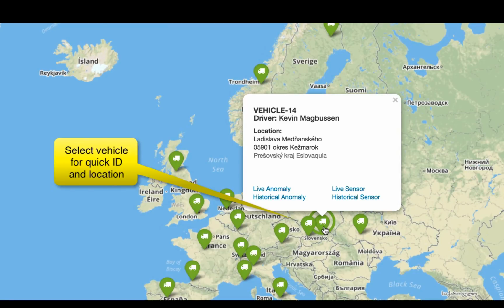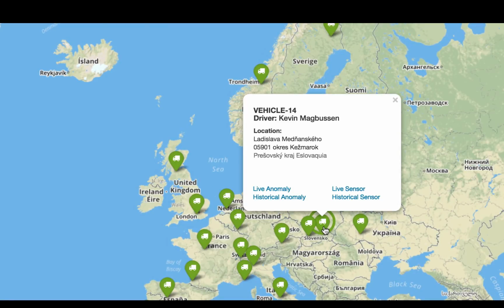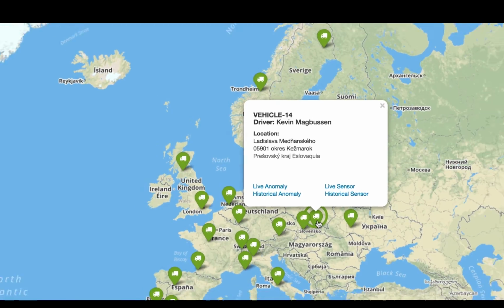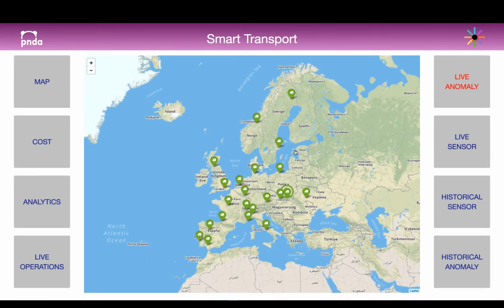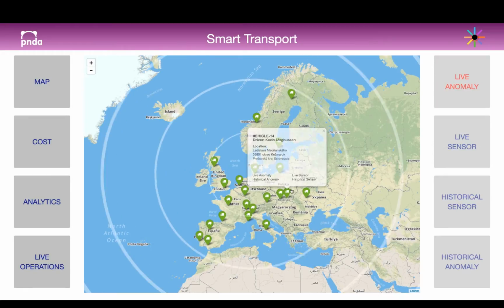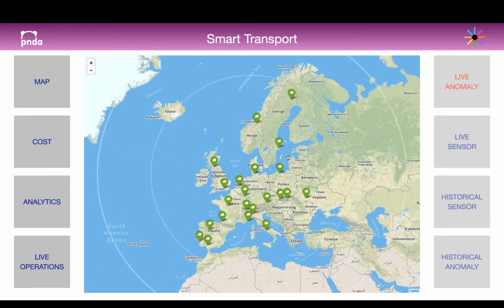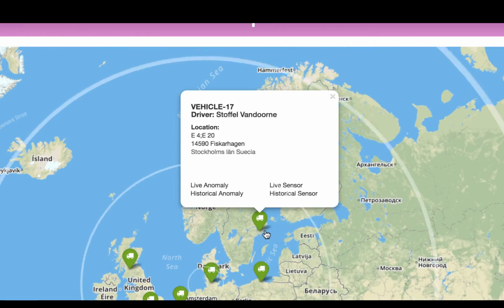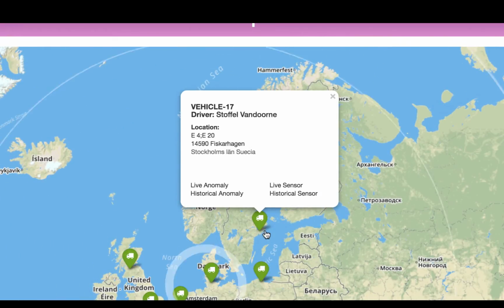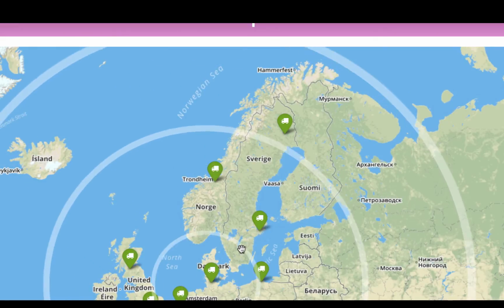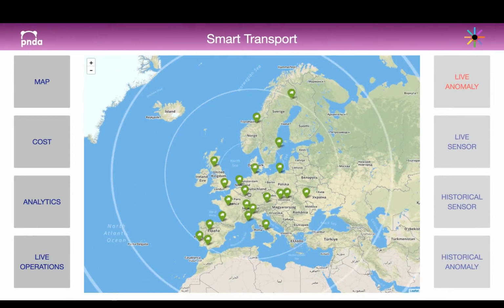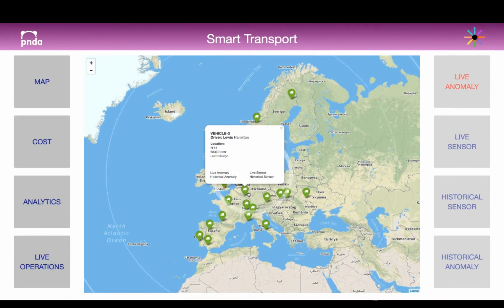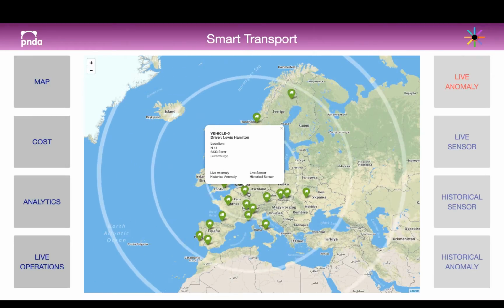All right, since it does know where all the vehicles are out there in the network, it can zoom in on one and get various parameters, ID, location, name, and so forth. So as you can see, we can click on it, hover on it, and instantaneously identify who that vehicle is, where it is, and so forth.